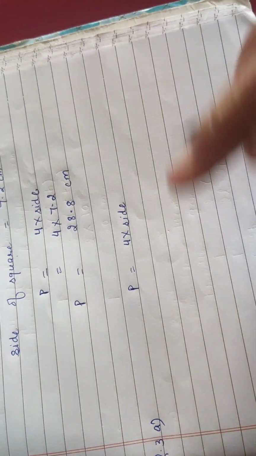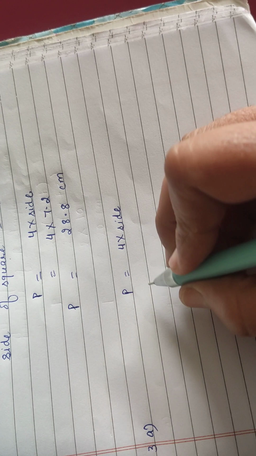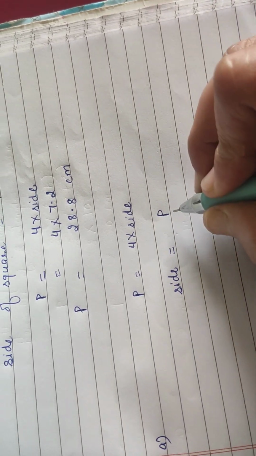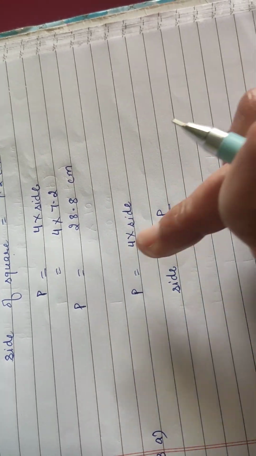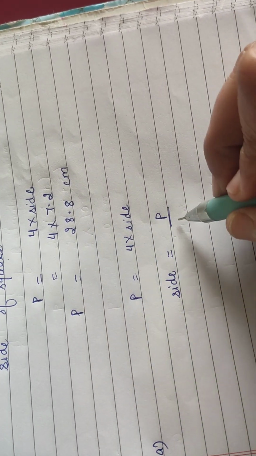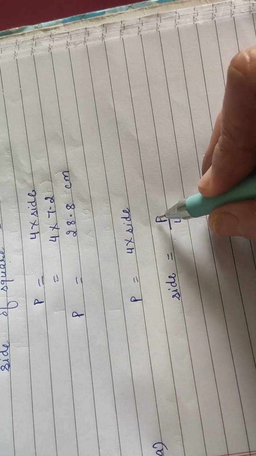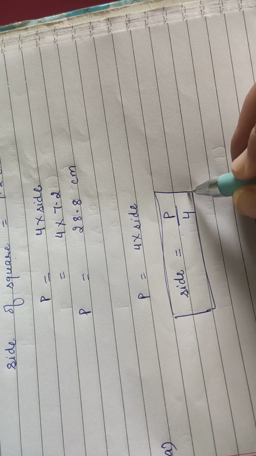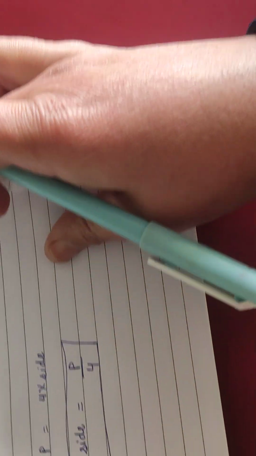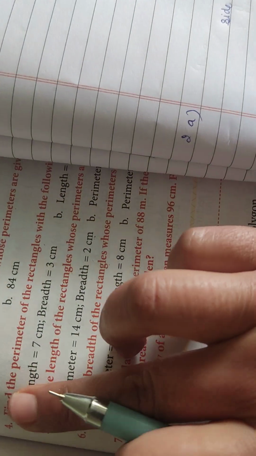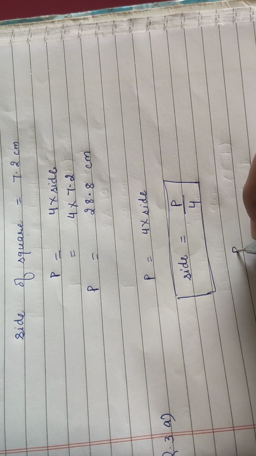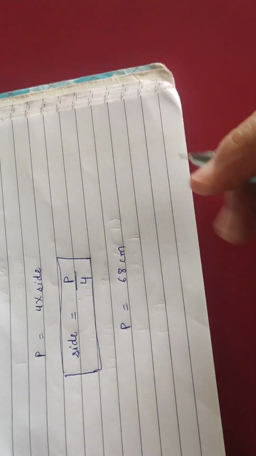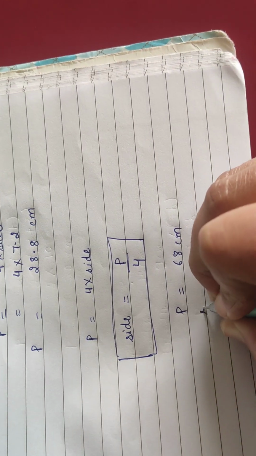So if we want to find the side of this square, we can use this formula. Side is equal to perimeter; 4 is multiplied and when it goes to the opposite side, it is divided. So side is equal to perimeter by 4. This is our formula for finding the side of a square if perimeter is given to us.